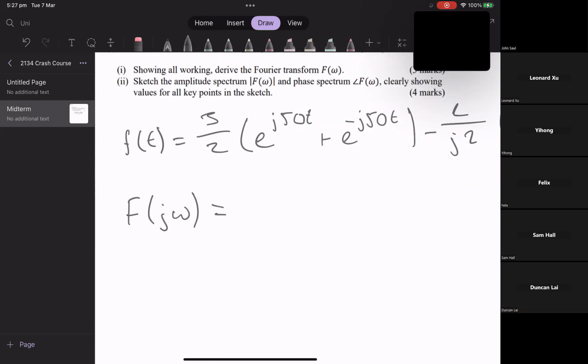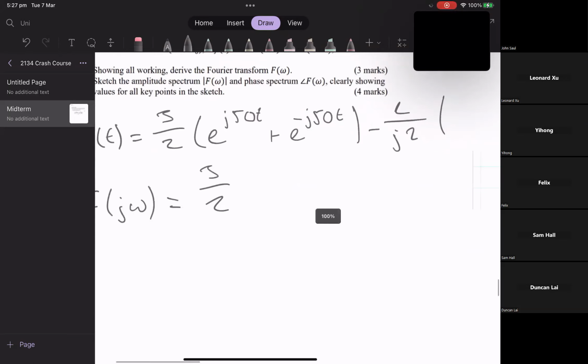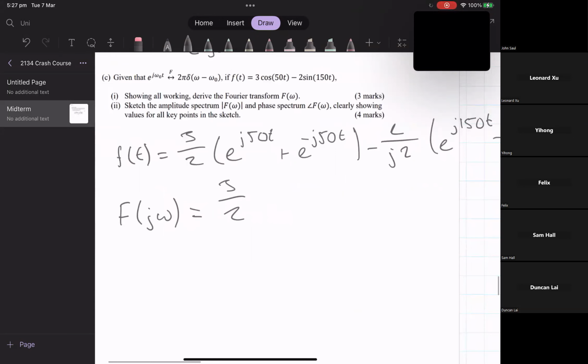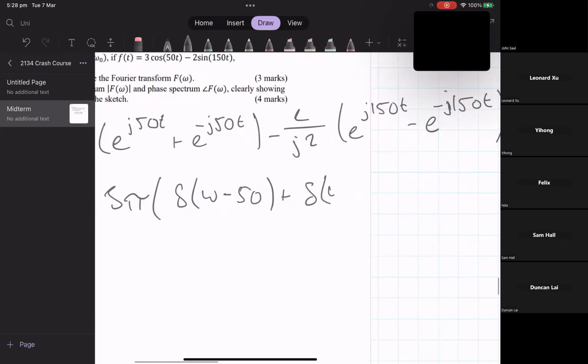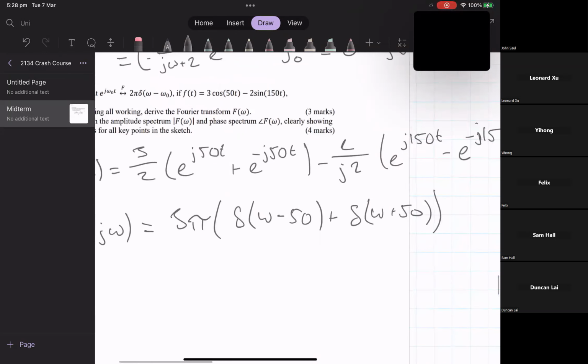Directly applying this is 3 on 2. Sorry, we have to include the 2 pi. So that would be 3 pi, as the 2's cancel out, times the Dirac of omega minus 50 plus Dirac of omega plus 50. That should be clear from that formula.